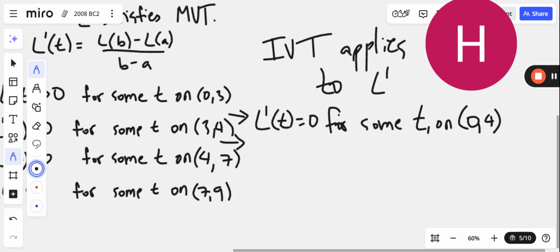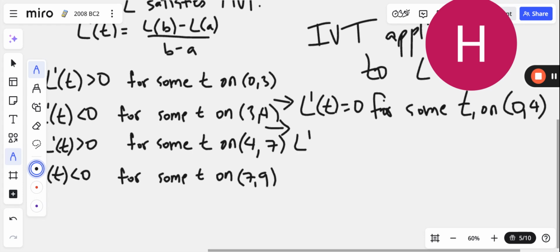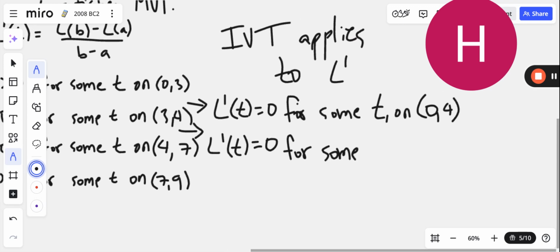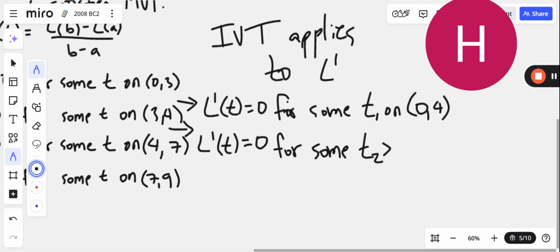And then since it switches from negative to positive, we know that L prime is equal to 0 for some t2, which is after t1, on the interval from 3 to 7.